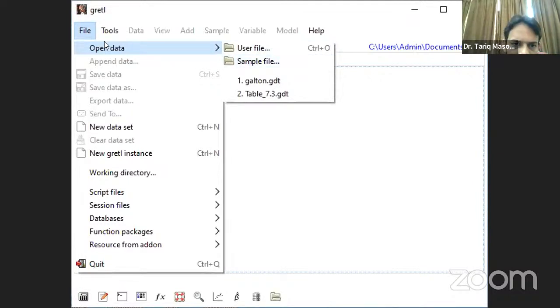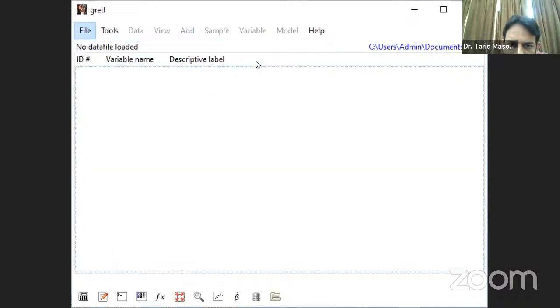Now here in the File option, open data, sample file. These are the variables, those data sets that are specific to Gretl documentation. But I have added Greene. There is a book of Greene on econometrics, data of Greene, data of Gujarati, and data of Ramu Ramanathan.